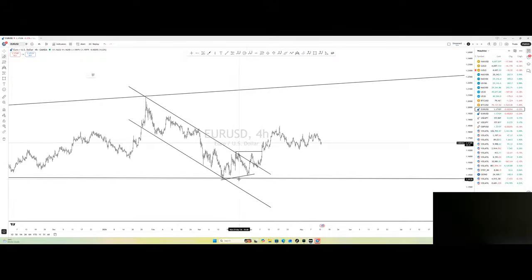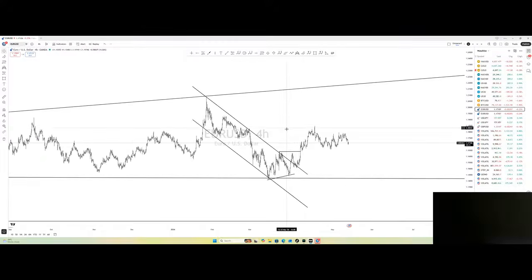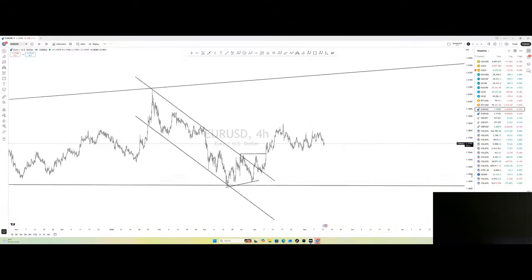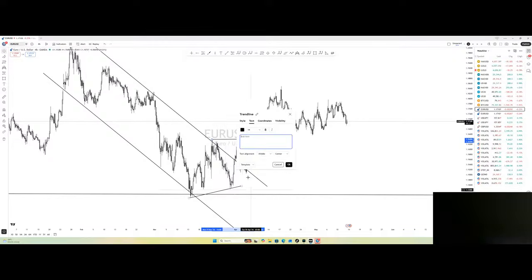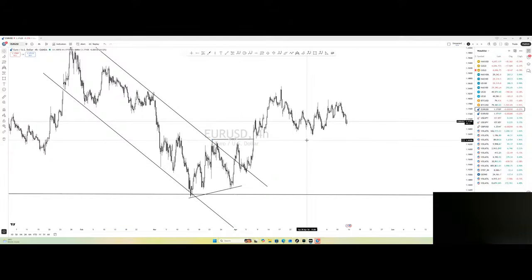So I think it's best to, okay, how do we do this? Okay, this is going to be a change of character in 4 hours. After the change of character, price obviously will change the character with an impulse.